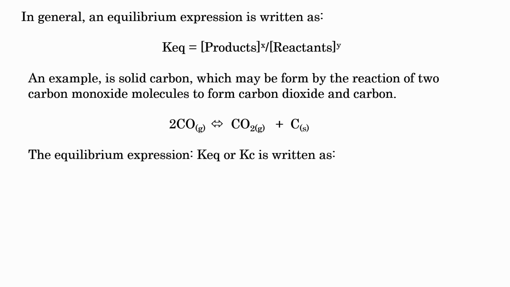The equilibrium expression for this reaction, or the Keq or Kc, is written as follows, where Keq is equal to the concentration of CO2 divided by the concentration of CO raised to the second power.